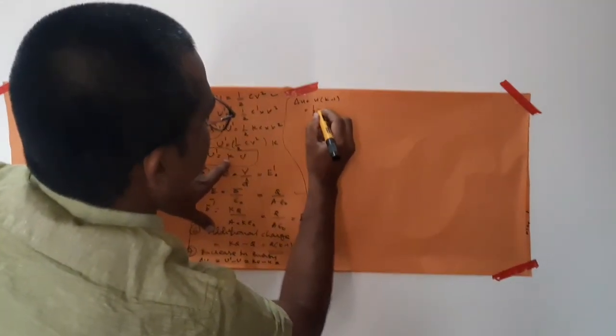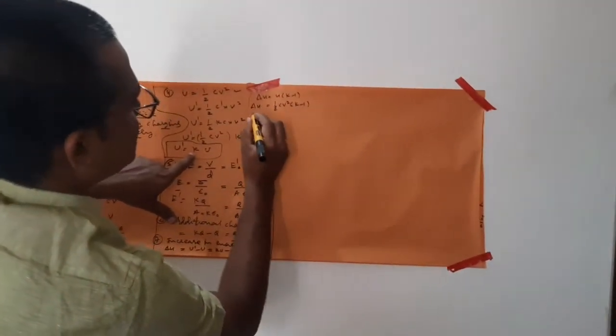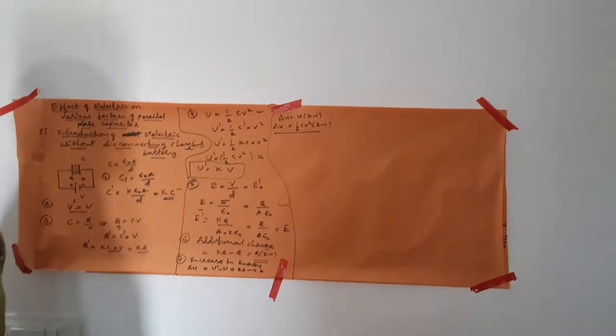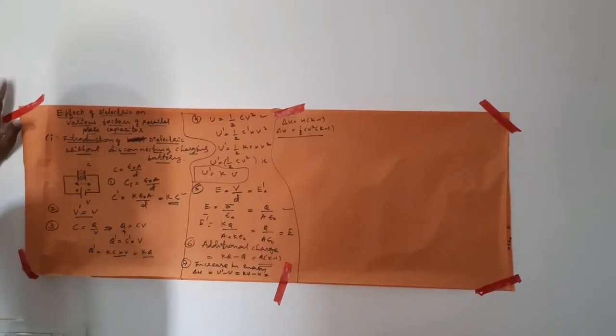What is U here? Half CV square. So the increase in energy is half CV square times (K minus 1), right?